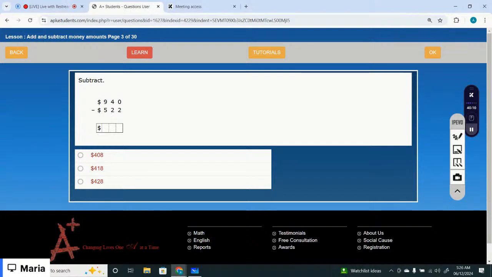940 minus 522. Option number 1 is the correct option.